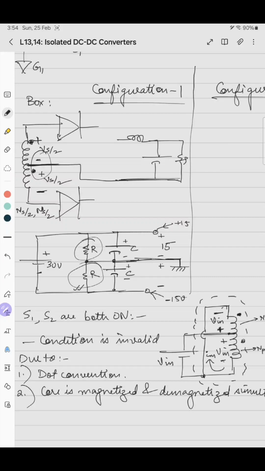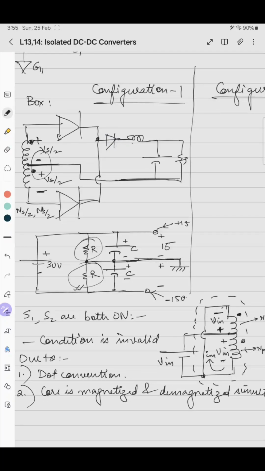Now you have to connect a diode. How will you connect the diode? You can either connect two diodes like this, or you can short circuit both of them and connect a diode just before the inductor here.